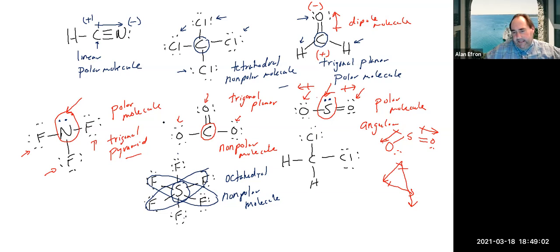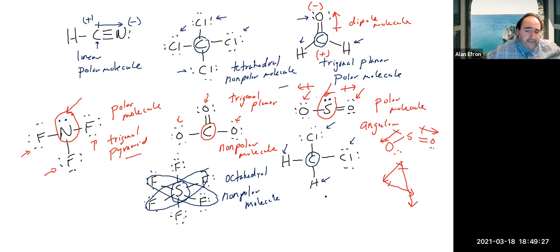So that leaves us one last one here, I think. Dead center here, we got a carbon, no dots. So we may be tempted to go with a nonpolar molecule, but we do want to look, and we see hydrogens, but we do also see chlorines. So here we do not have all the same atoms on the outside, or elements on the outside.